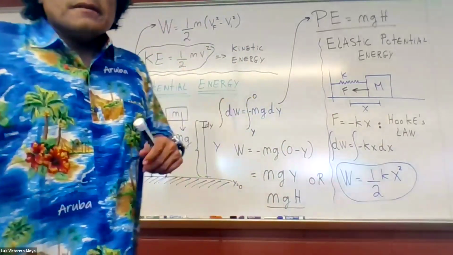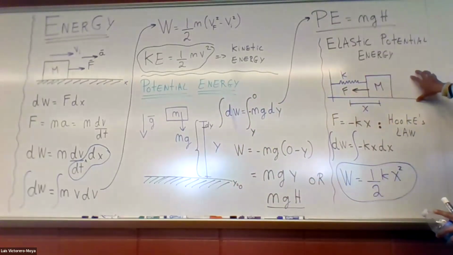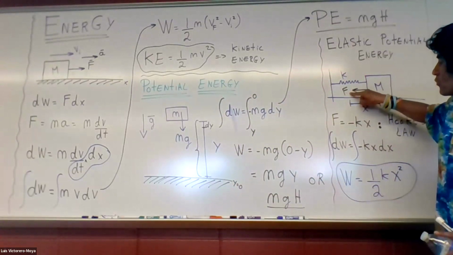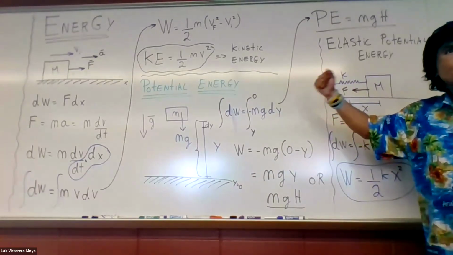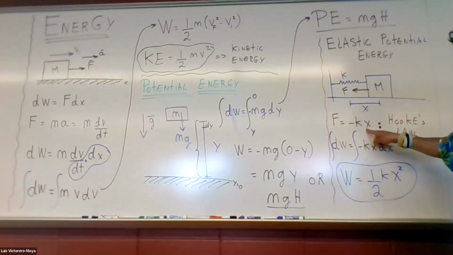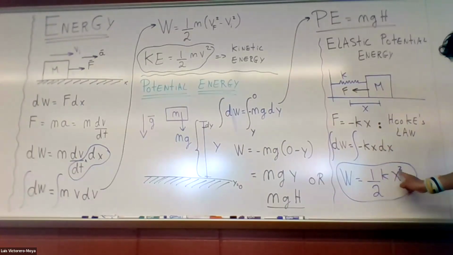You see, if I pull the mass to the right, there is a force towards the left trying to bring the mass back. That's the restoring force. That's Hooke's law. So we plug that in the work equation and we get this equation for work. This is basically the elastic potential energy.